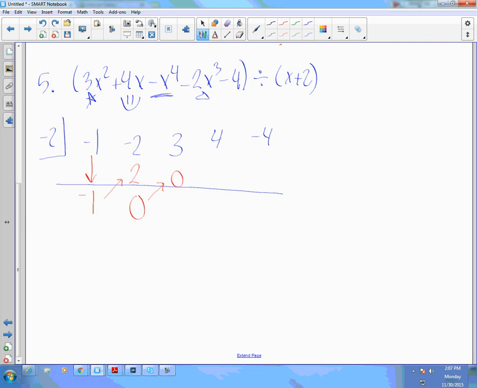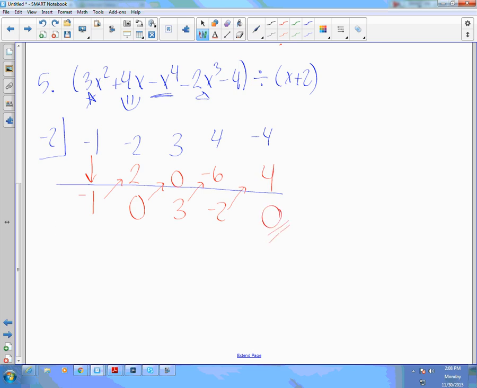I add it. 3. 3 times the box, negative 6. Then positive 4.